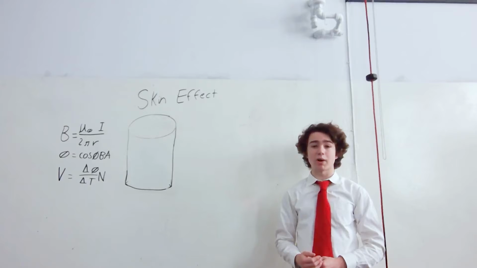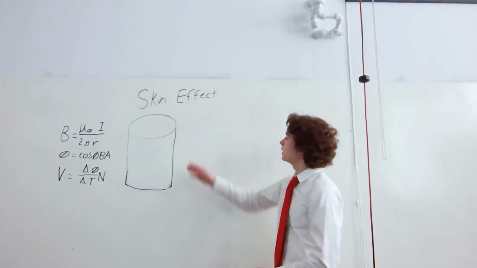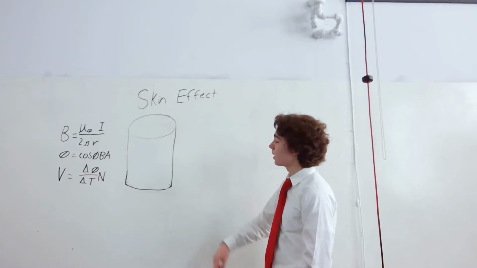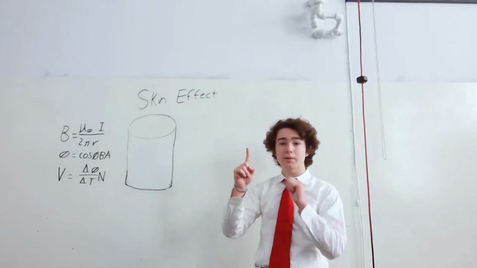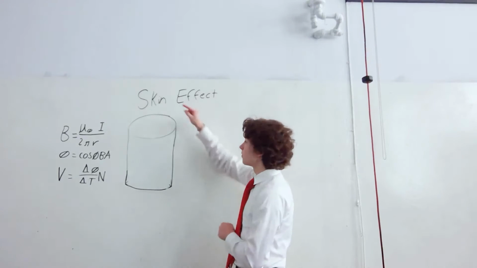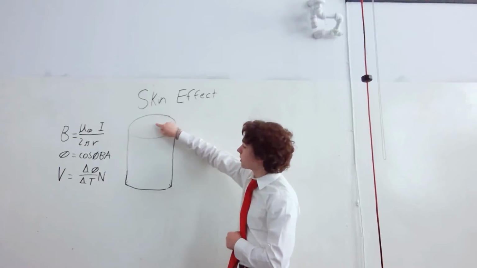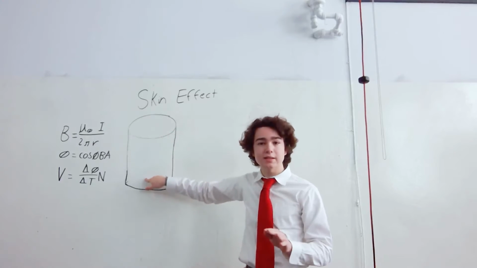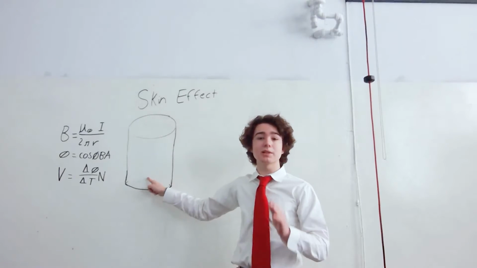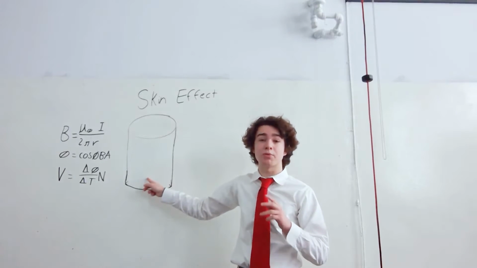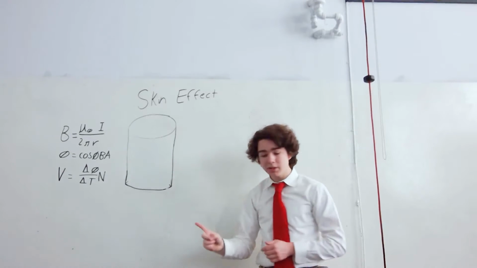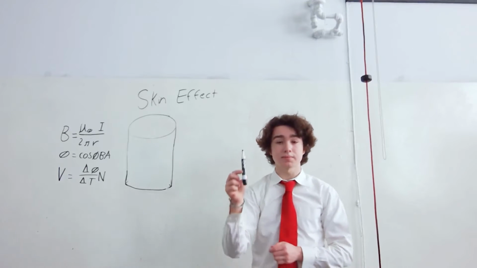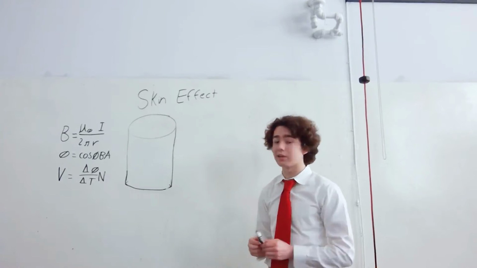Now, let's discuss why this phenomenon happens. Here, I just have a diagram of a wire, and let's say my finger here represents an electron. Now, in both DC and AC, from a dead stop, they're going to flow downwards. In AC, we know that's not the full story, but let's discuss the effects of this before we incorporate the alternator. So, we know that a current flowing will induce a magnetic field.